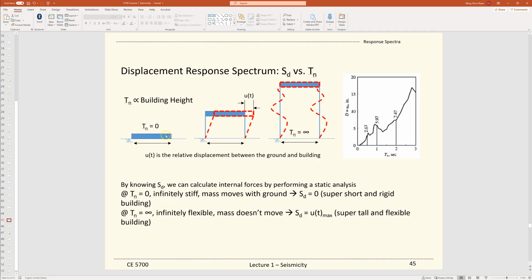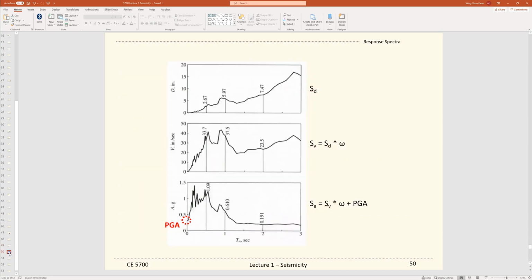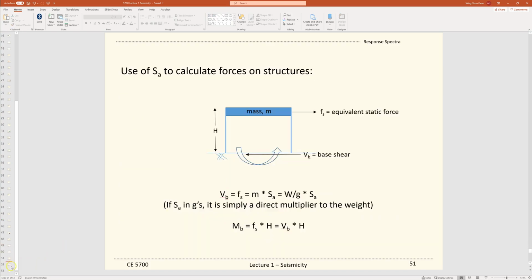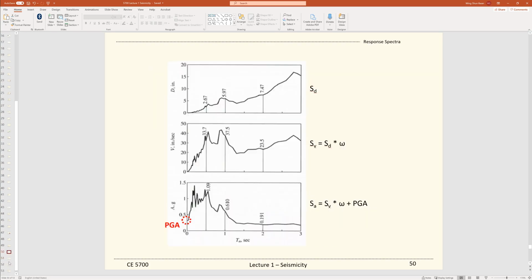Pretty much the mass is shaking with the earth. So when the lateral period equals 0, that is the peak ground acceleration.